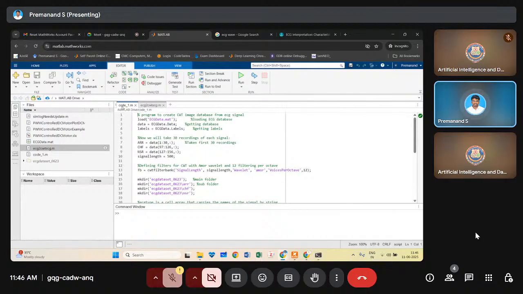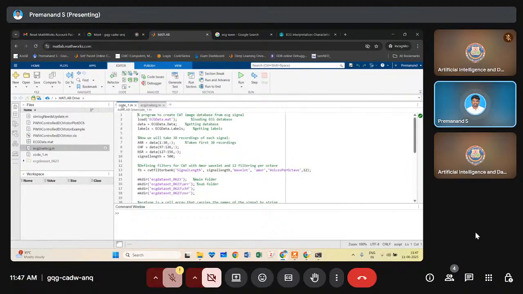When I'm converting the time based information to frequency based information, I can get the time based information as well as the frequency based. So whatever image I'm getting has more information when compared to the real time data.